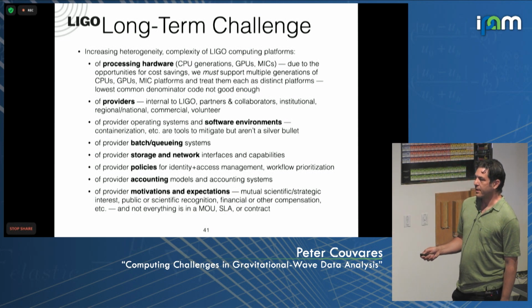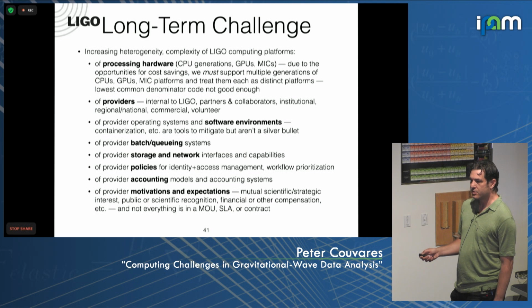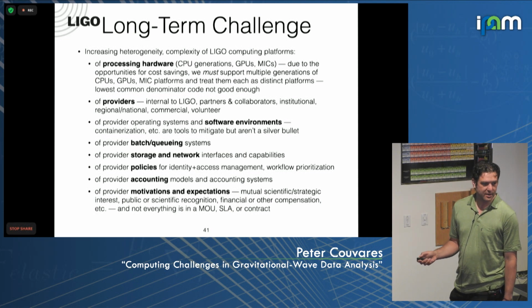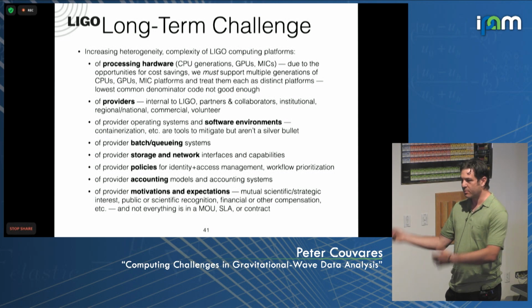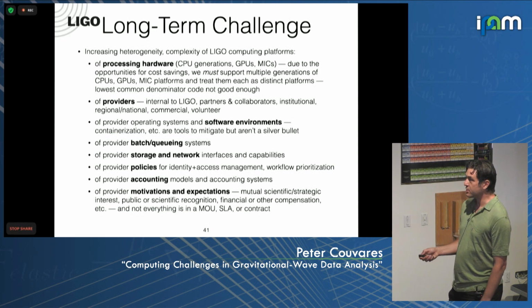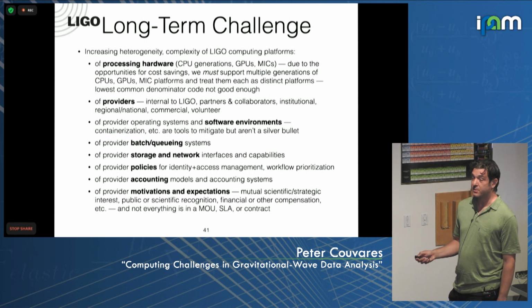There's much more heterogeneity of processing hardware. 10 years ago, you pretty much could target Intel x86 code and be done with it. Now, if your code can run 5 times faster, 10 times faster, 100 times faster on a GPU, you've got to write code for a GPU. Nobody's going to give you funding to run on a CPU if you can run 100 times faster on a GPU. But it's really hard to write code to run fast on a GPU.